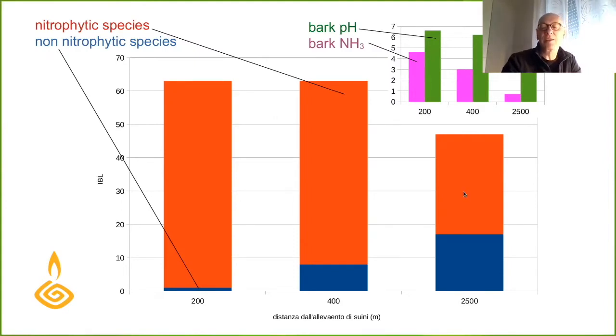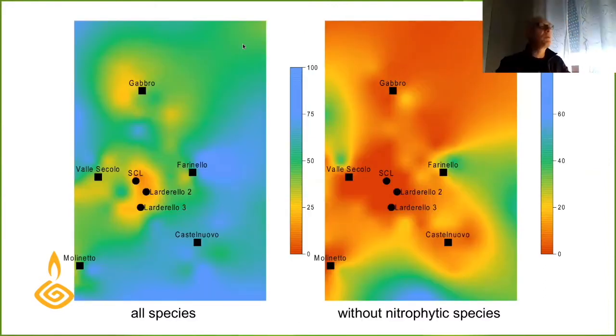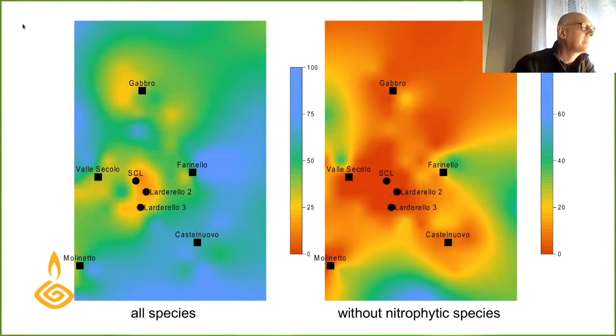We can measure this, and we can check what is the effect of nitrophytic species, but we'll go back later on this. Because what I want to show is a study in a geothermal area in Italy, the geothermal area of Larderello.